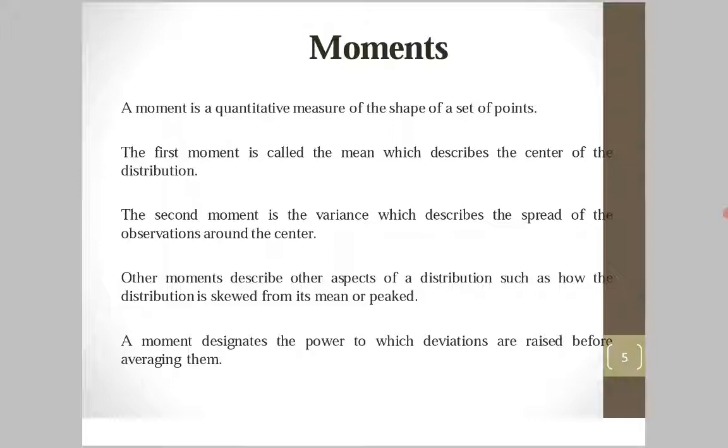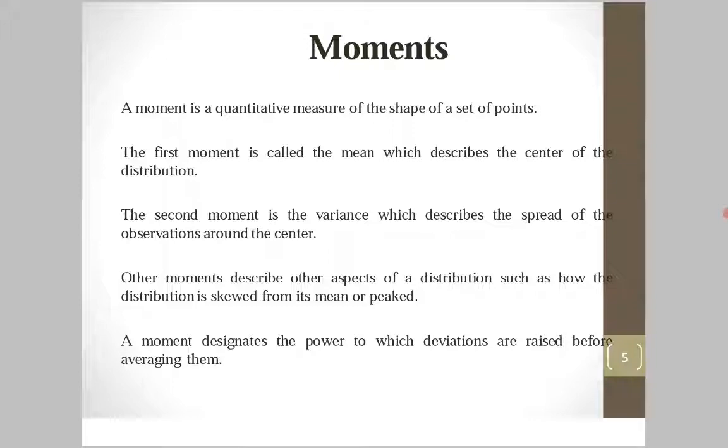So the mean is the first moment of the distribution, which describes the center of the data. We have to locate the center of the data to do calculations or comparisons like that. So mean is the first moment.